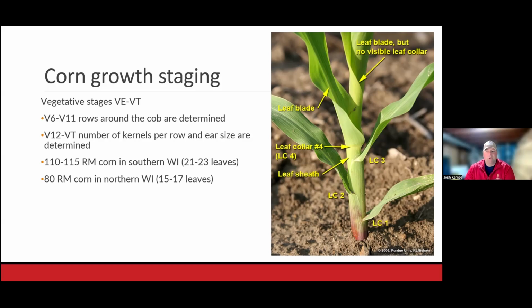Whereas maybe a shorter maturity corn plant in northern Wisconsin, for instance, would maybe only get to V17 before it gets to that VT or that tassel timing. So there's not a definite number of leaves. It can be based off of the growing conditions, based off of the genetics of that corn plant, and the environment that it's growing in.